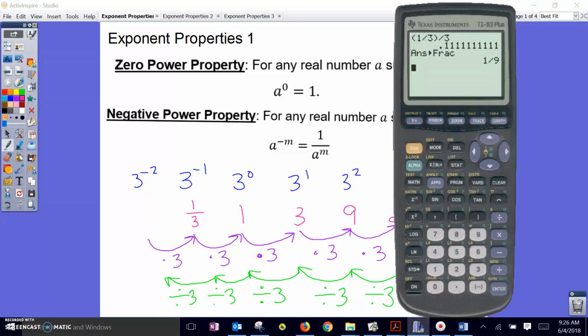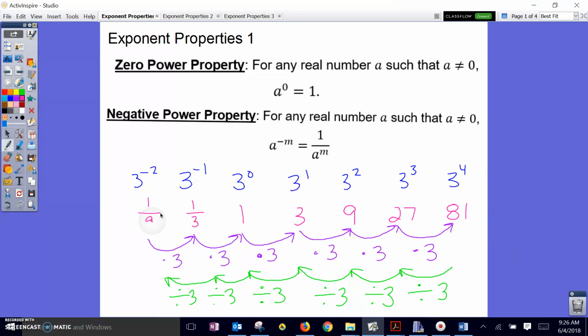I get 1/9, which you'll notice is 1 over 3 to the second. And so 3 to the negative 2 is 1 over 3 to the second. I can continue going down the values like that, and that illustrates why the zero power property and the negative power property work the way that they do.